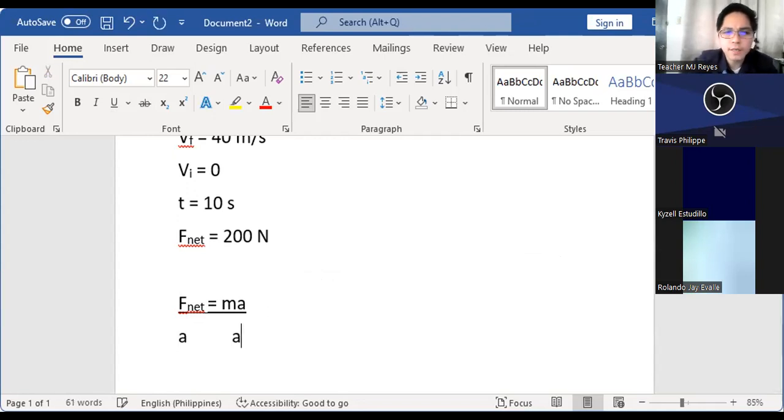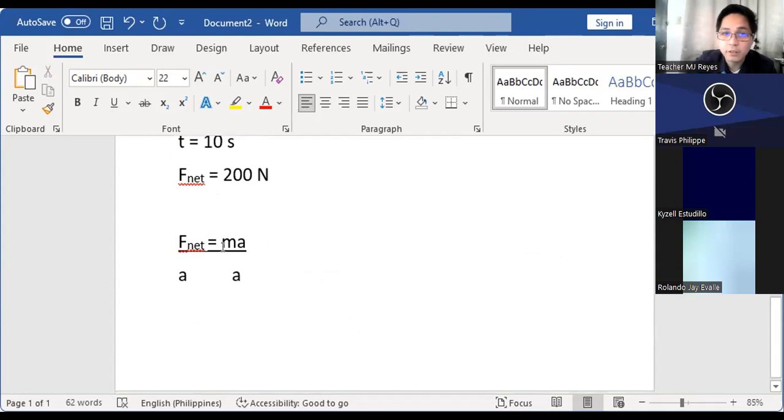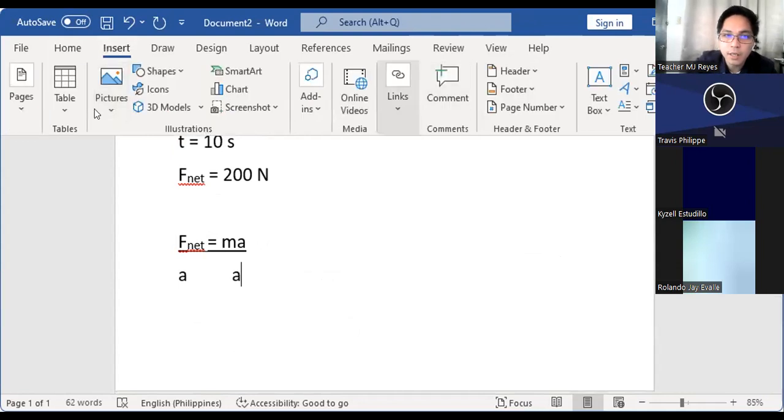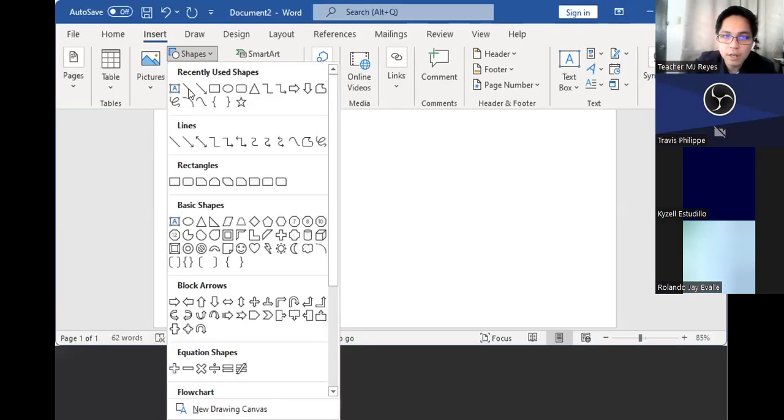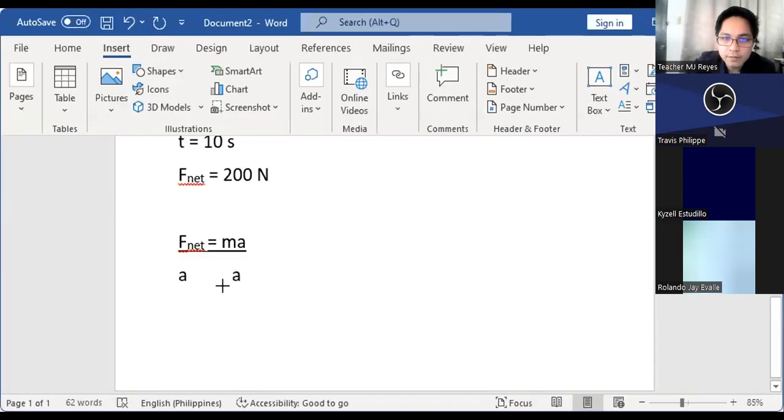Why do we need to divide them with acceleration? Because we want to eliminate acceleration, correct? So by doing so, we can actually cancel acceleration.